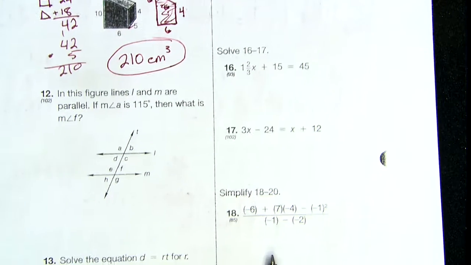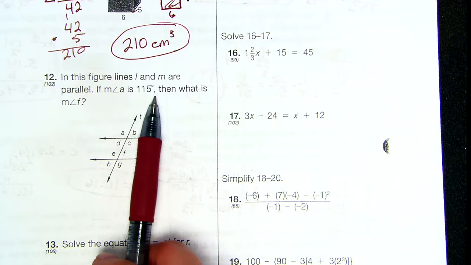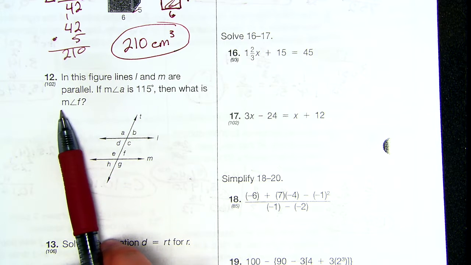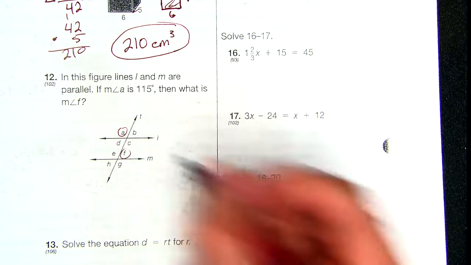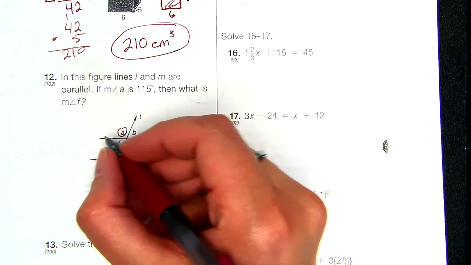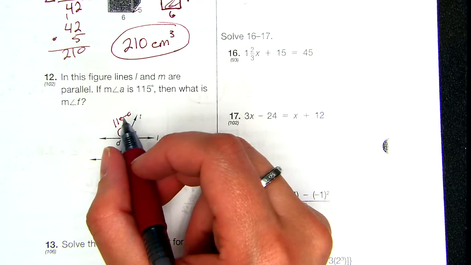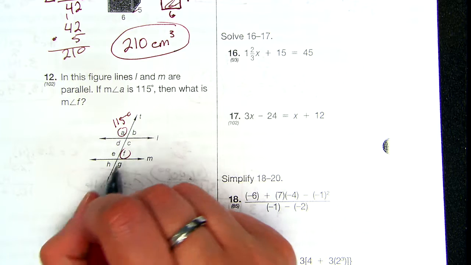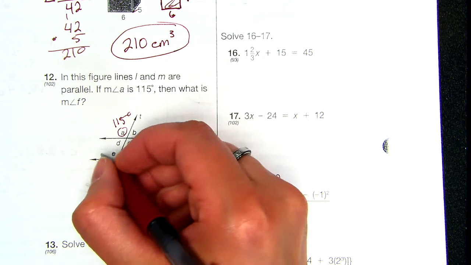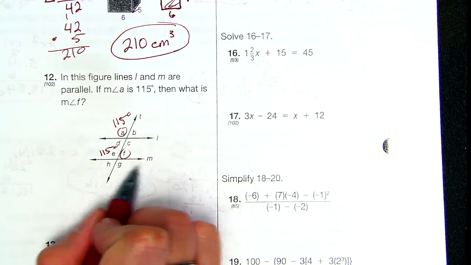In this figure, lines L and M are parallel. If the measure of angle A is 115, then what is the measure of angle F? Okay, we are looking at A. A is 115 because these are parallels. Okay, L and M, we know that E has to be 115.